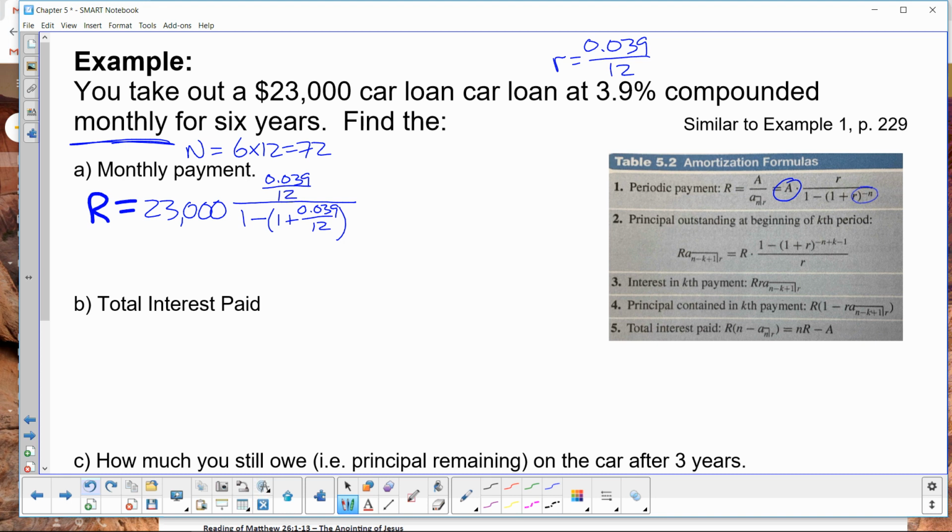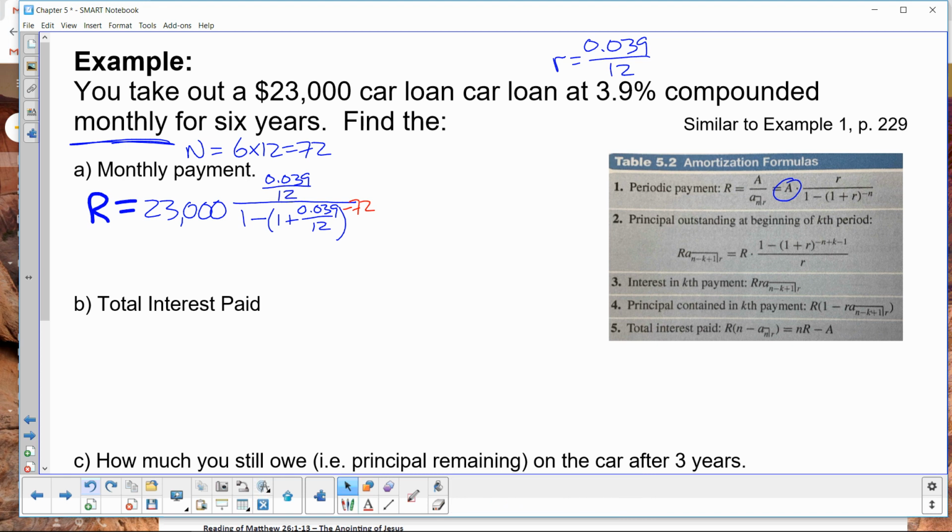So that is the minus 72nd power, minus 72. And like I've been stressing with you, do not compute parts of this and write it down, and then enter those written down values back into your calculator. Because when you write them down, you round. And when you take rounding error, and you raise it to the 72nd power, and you multiply it by 23,000, you're going to be off in the weeds.